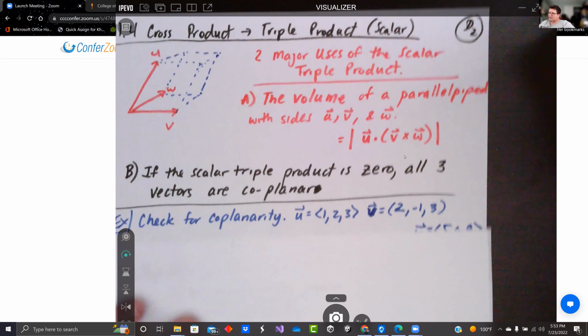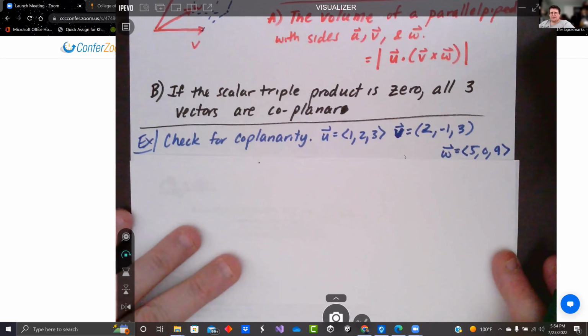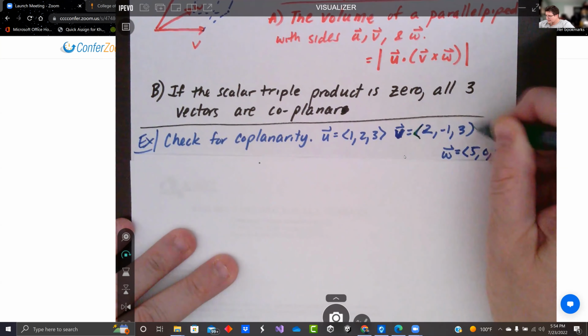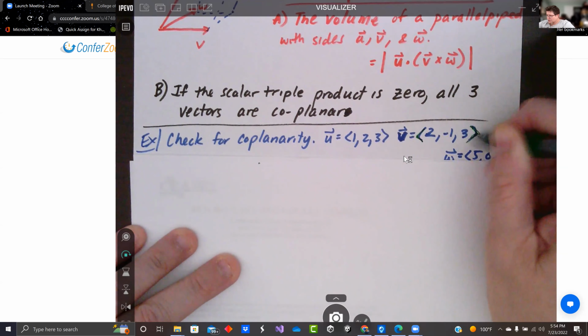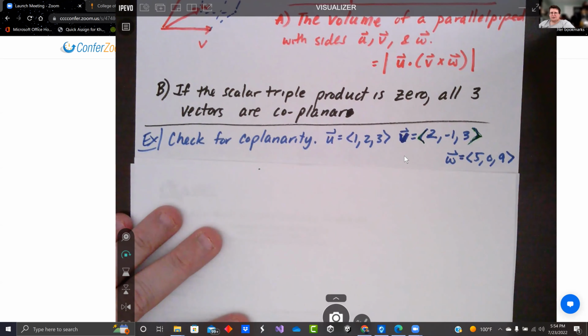So let's check if three vectors are coplanar. We're going to do the U vector is 1, 2, 3. Vector V is 2, -1, 3. That doesn't look like pointy brackets. That's a fail, Mr. Jones. And W will be 5, 0, 9.